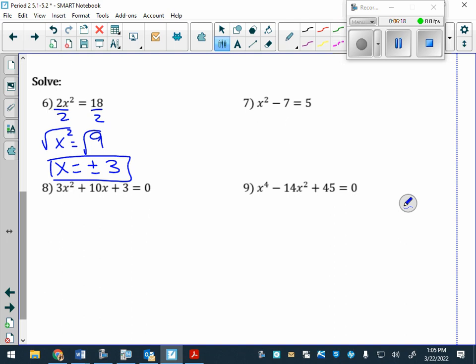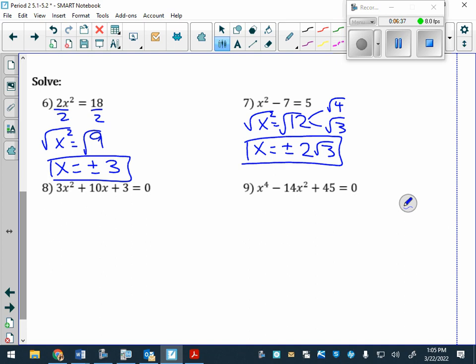Anything in front? Excellent. So you add 7 and you get the square root of 12. Okay. X equals plus or minus the square root of 12, which is the square root of 4 times the square root of 3, so 2 root 3. That's your final answer. Okay.